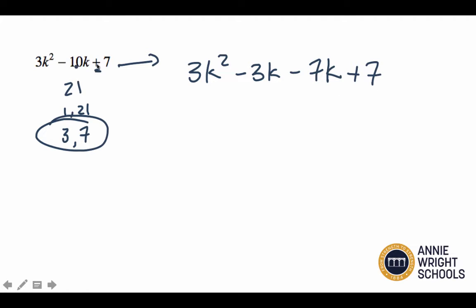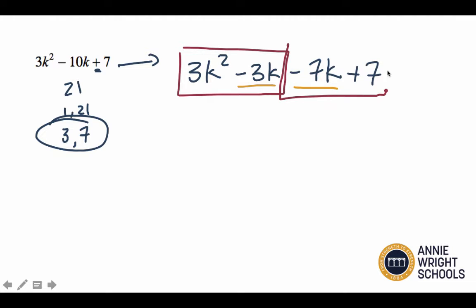So instead of saying negative 10k, I'm going to put this middle term as a minus 3k and a minus 7k.